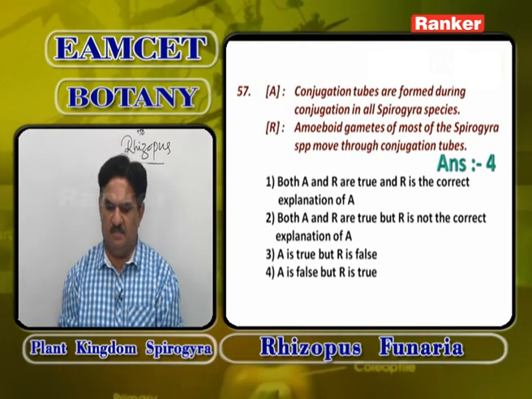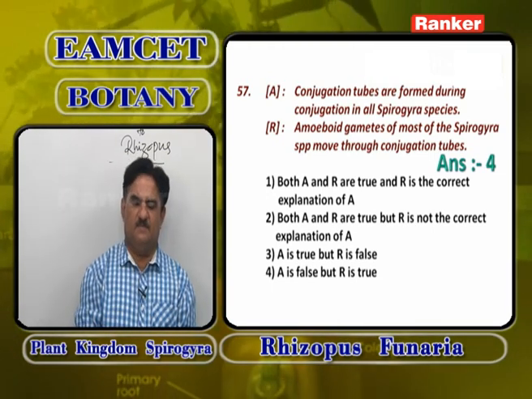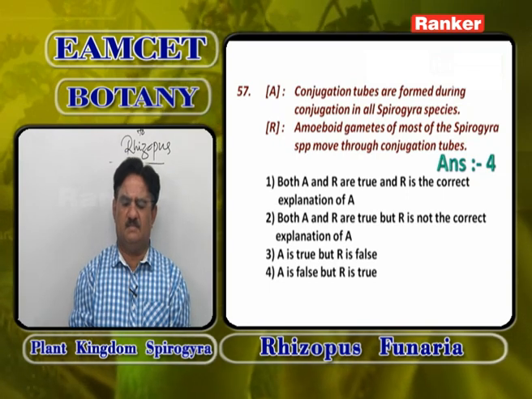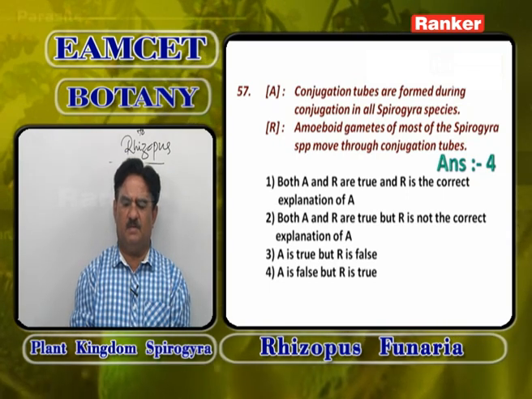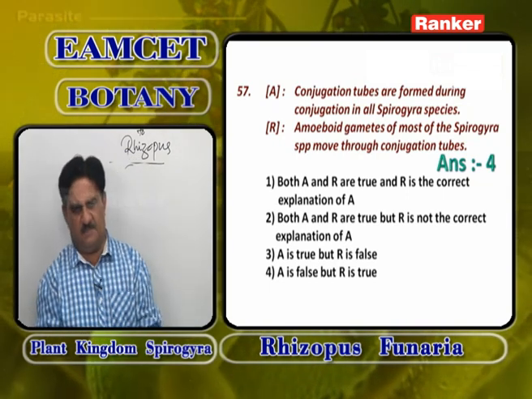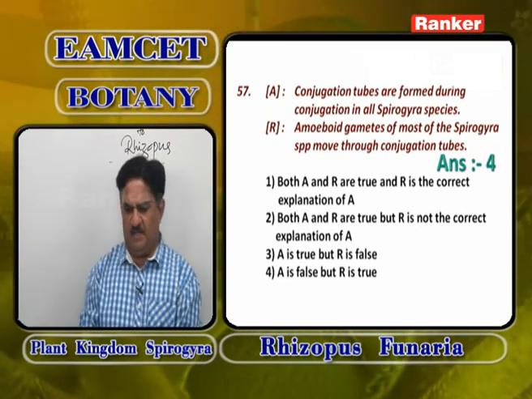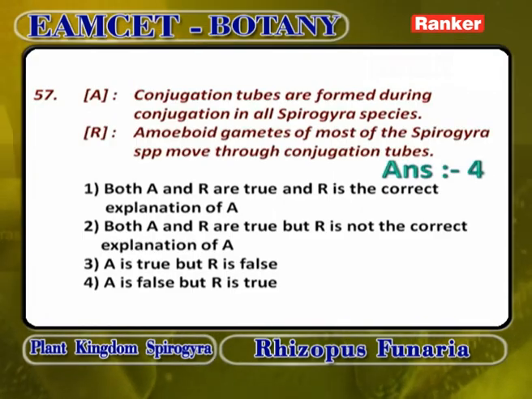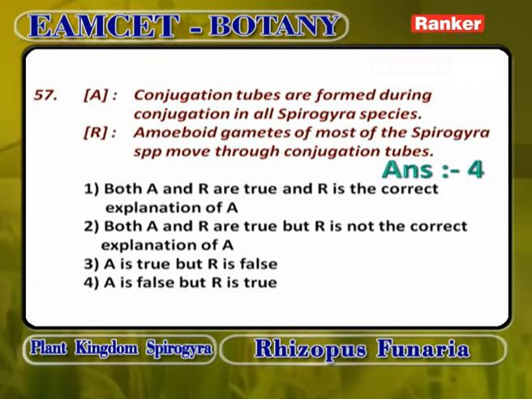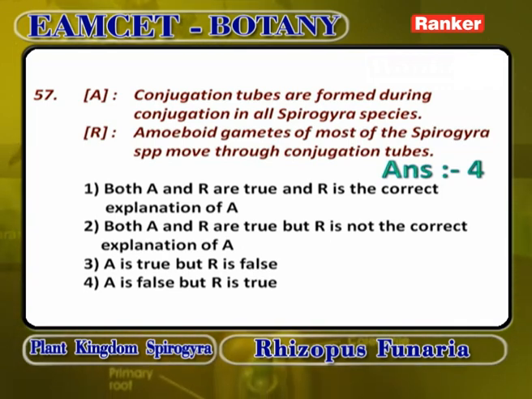Even in isogamous, amoeboid movement takes place of both the gametes. So, here A is false. Amoeboid gametes of most of the Spirogyra move through the conjugation tube is almost correct. Most of the Spirogyra is correct. So, answer: A is false, R is true.